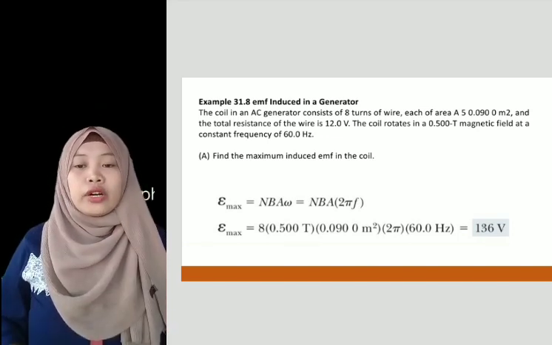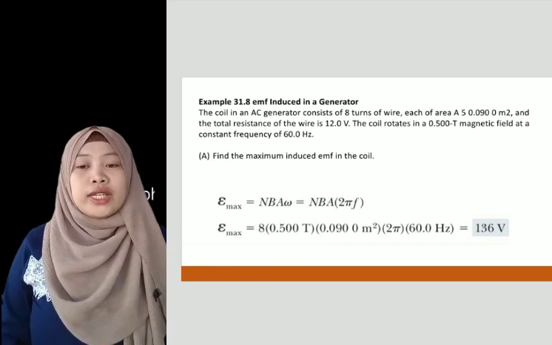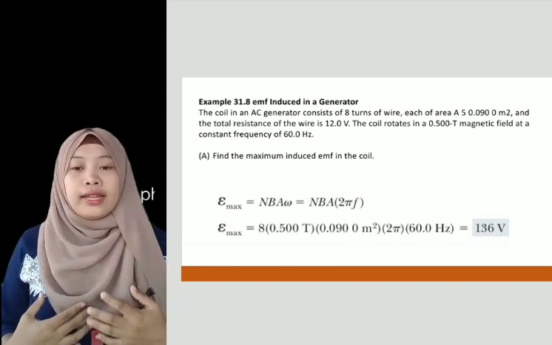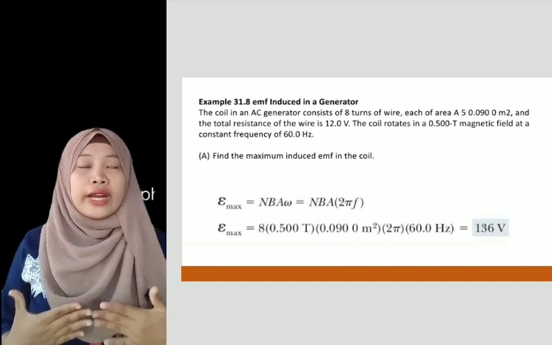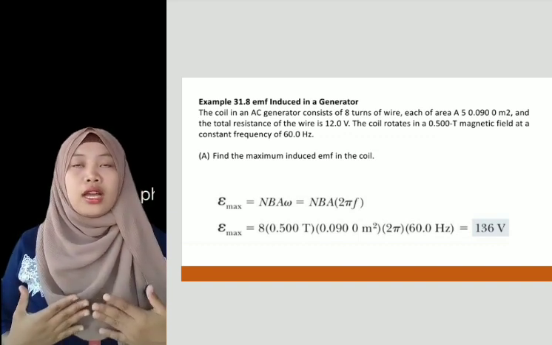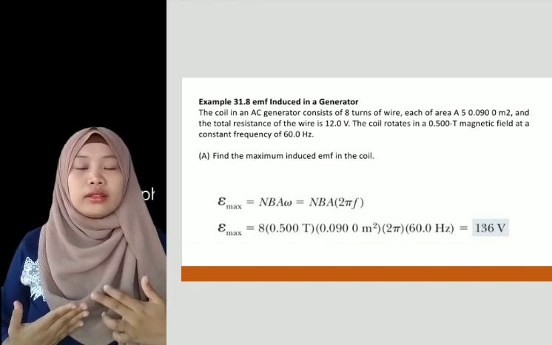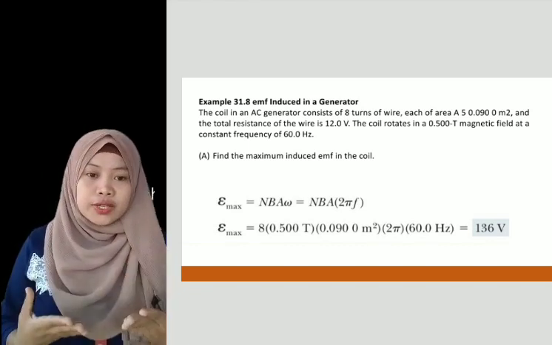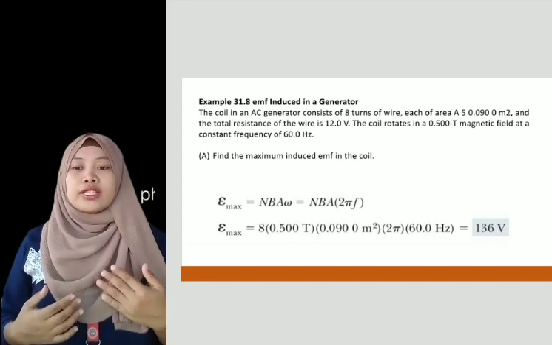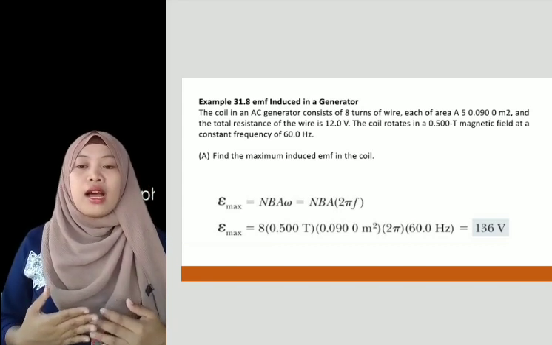Let's proceed to our example number 1, which is the coil in an AC generator consists of 8 turns of wire. Each of an area have the 0.0900 m squared, and the total resistance of the wire is 12.0 ohms.